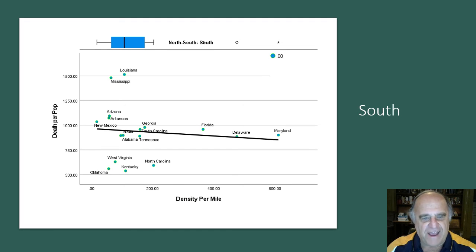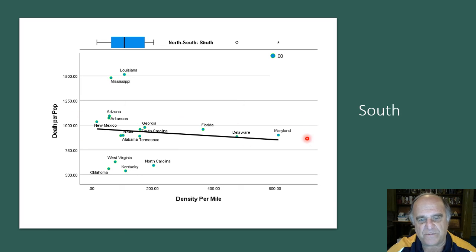And you can see I've actually then done a little chart here. Again, this is the South. These are the southern states. It's not a really clean scatter plot, but you can also see that there's really no relationship between density per mile and COVID deaths per million. There's some states with relatively low density with a lot of deaths.